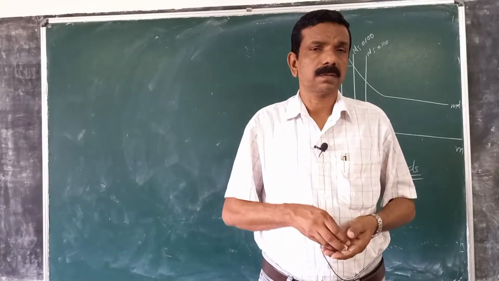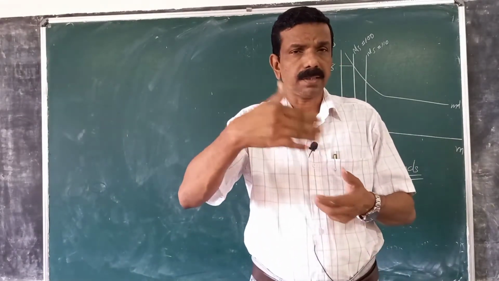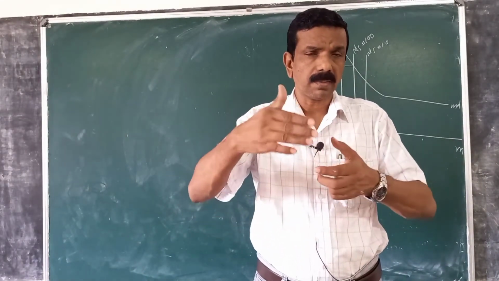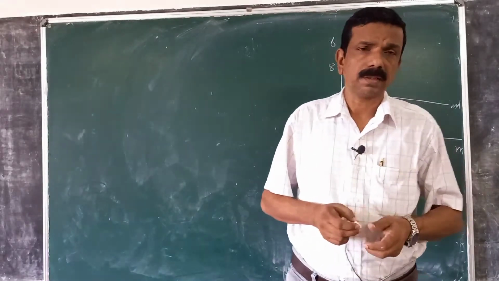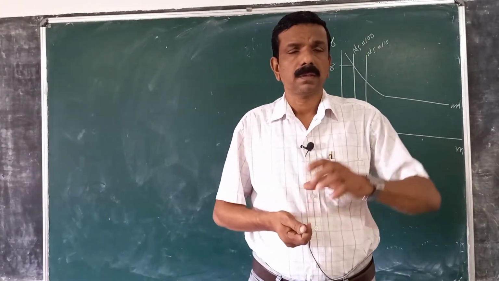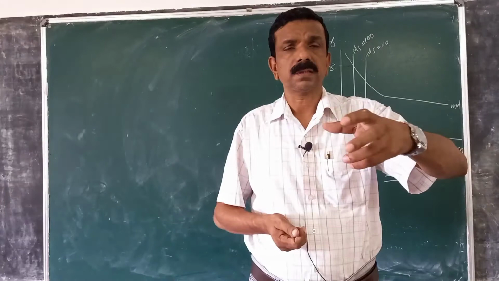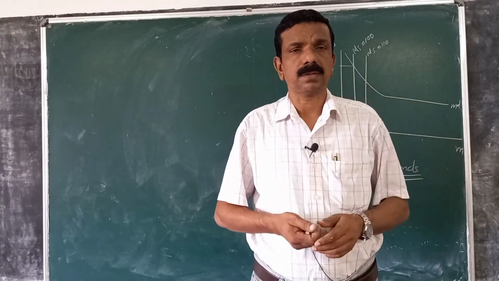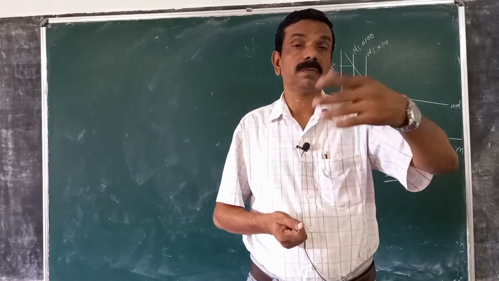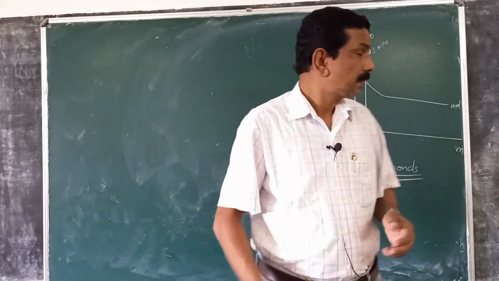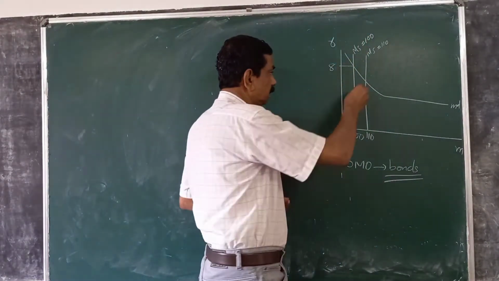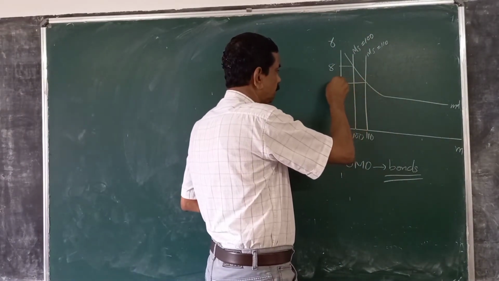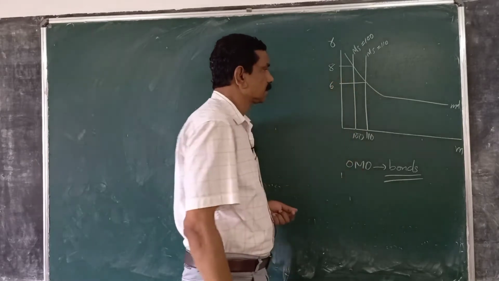This is because when the central bank enters the market to purchase bonds, the demand for bonds increases relative to the supply of bonds. So price of bond will increase and rate of interest will decrease, say from 8% to 6%.